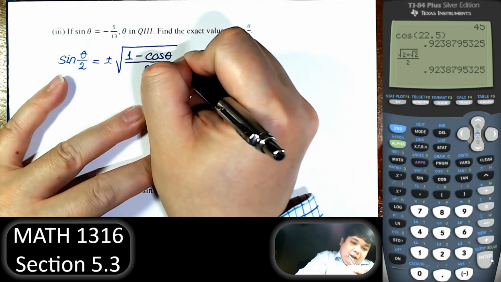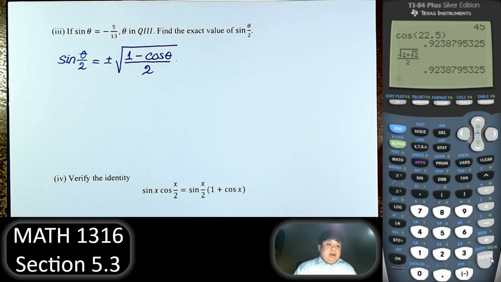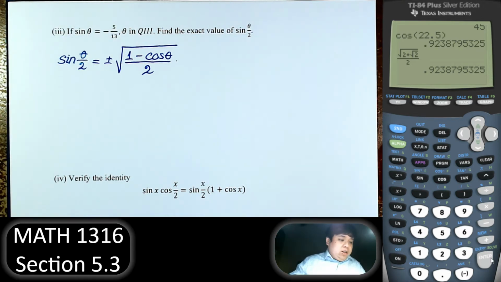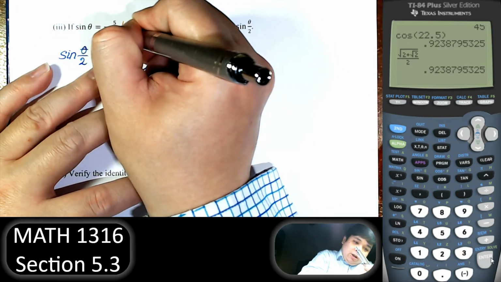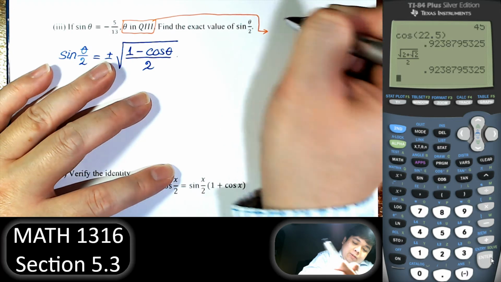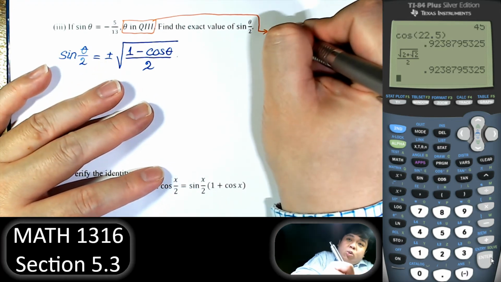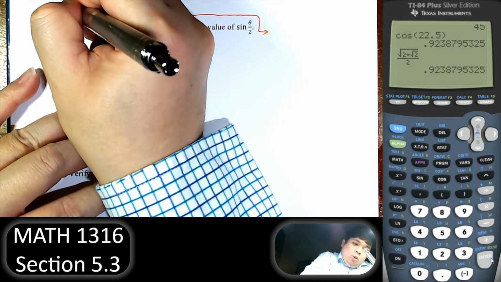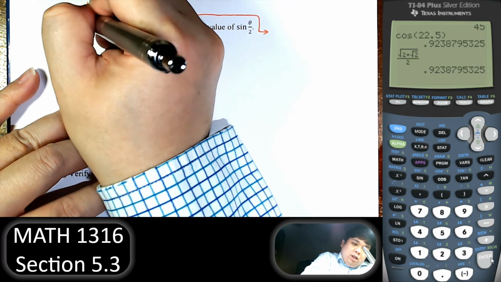Now, first of all, how do we determine what quadrant it is in? So we can have positive or negative. First we know theta is in quadrant 3, so let's start with that. In quadrant 3, that is from 180 degrees to 270 degrees, right?